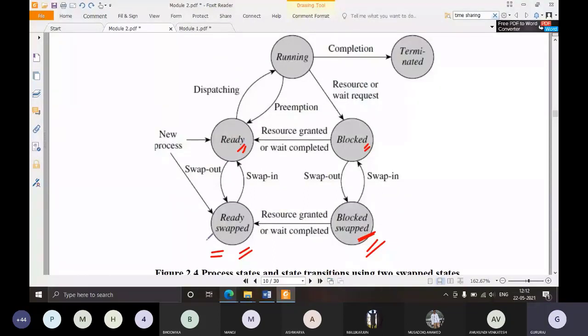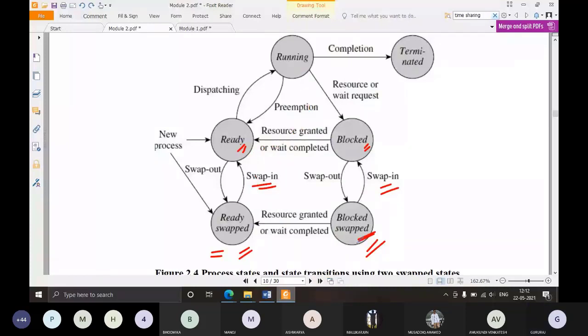If you want to schedule such processes, first they have to be swapped in, brought into the memory. Once they are brought into the memory from suspended state, they can be given the chance to execute. That is why these are the two extra states, the suspended states: ready swapped and blocked swapped.